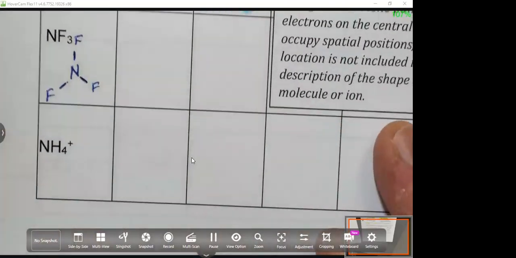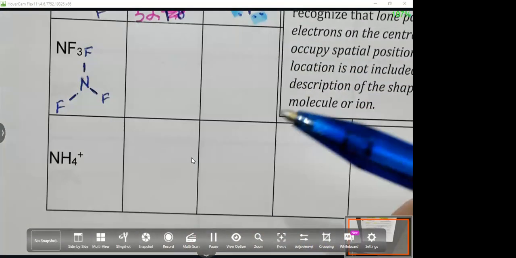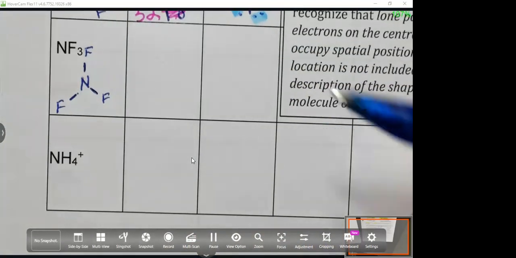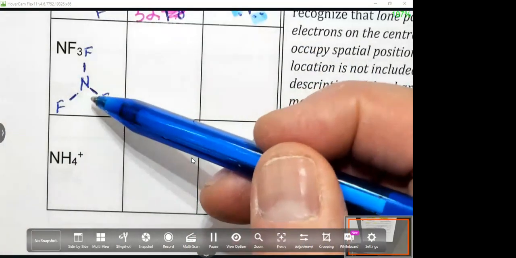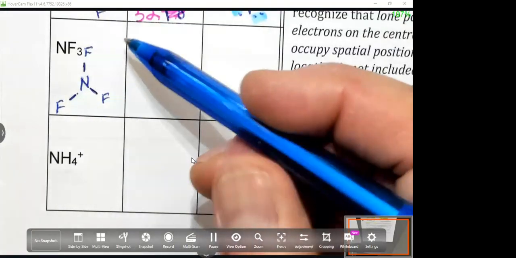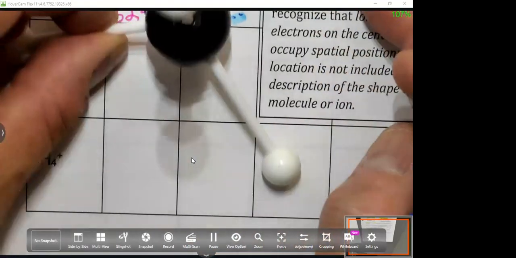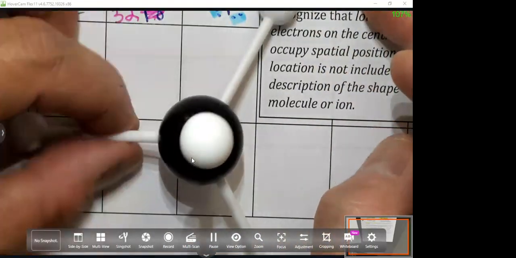If you only have a central atom with 3 around it, you should try to space them out as best you can. Now, I'm not saying that is 120. We'll write it out and then we'll find out. Remember, always remember, you're looking at a 2-dimensional sheet of paper to represent a 3-dimensional molecule.